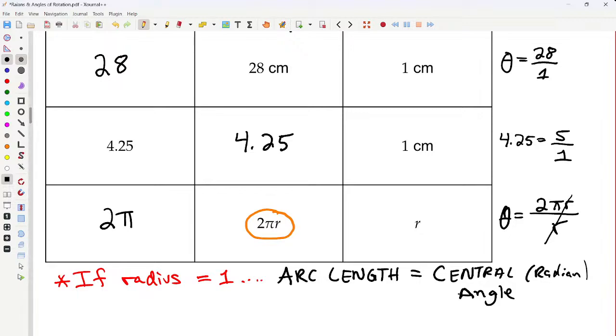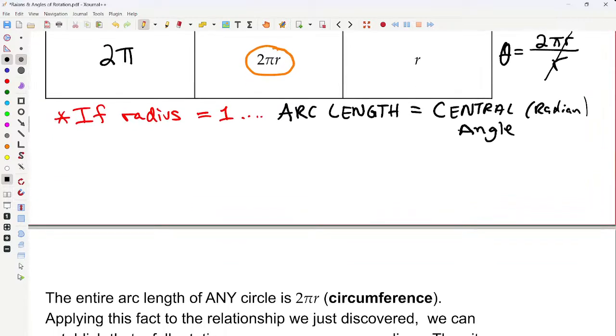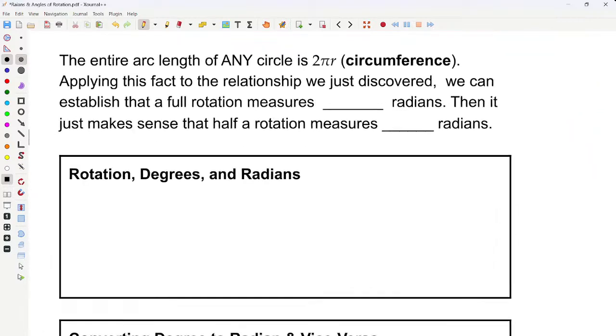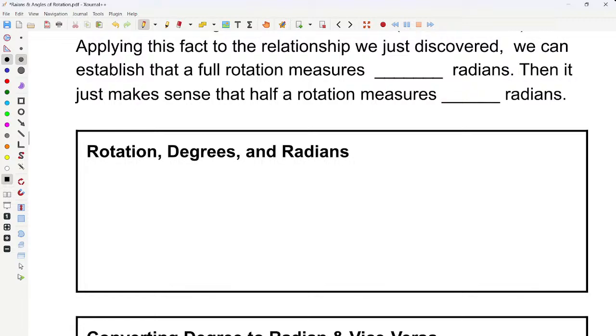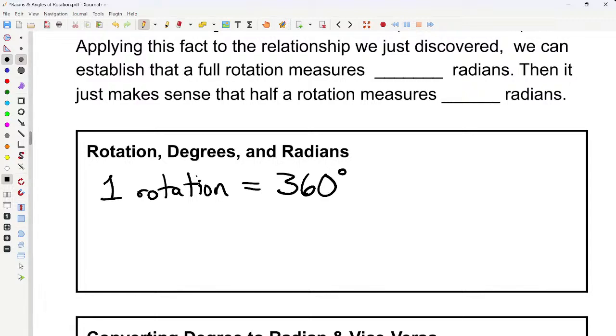And this is a massive fact. It's so massive, it has to go in this box. 1 rotation around a circle is definitely 360 degrees every single time, regardless of how big the circle is. That makes sense, right? So I'm going to do a circle.